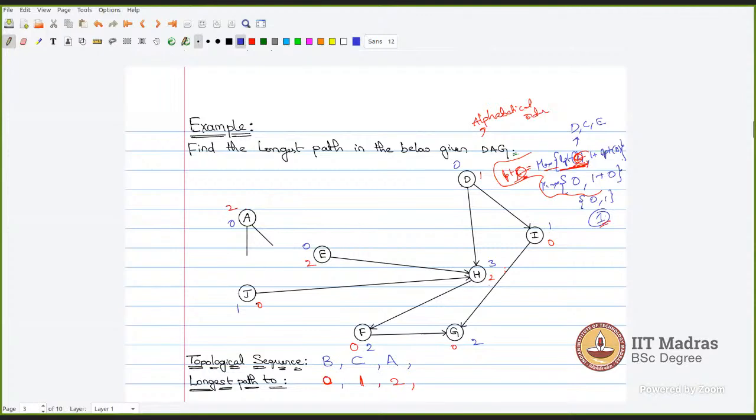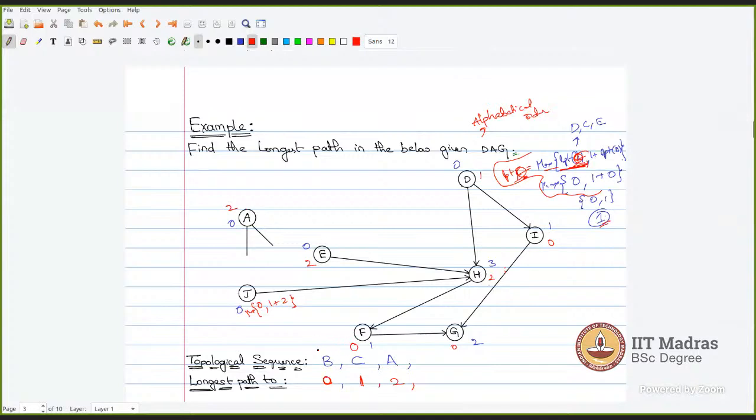Now we have to update the in degrees of J and F. So those are the two edges, right? Those are the two adjacent vertices to A. So the in degree you reduce by 1. This will become 0. In degree reduced by 1. This will become 1. Now the red number changes like this. So it will be max of either the previous one, which is 0, or 1 plus 2, 3.